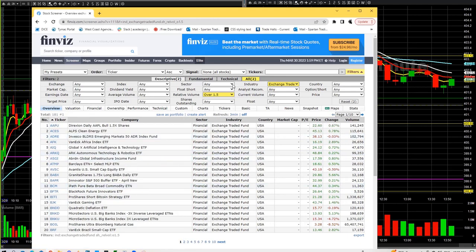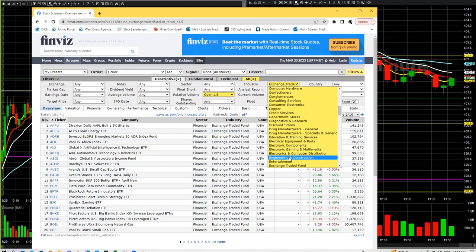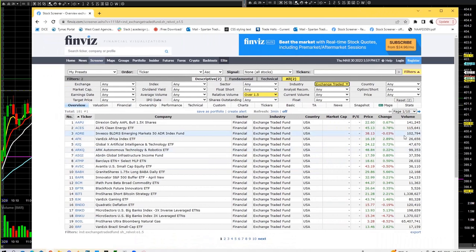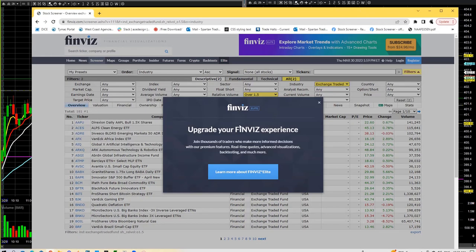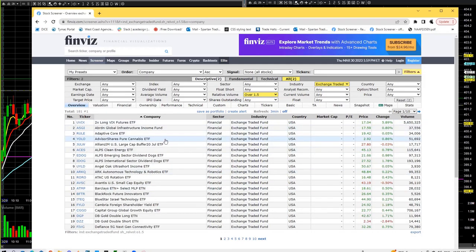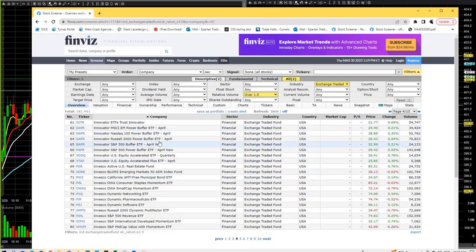For some reason, these are all financial. They're all right here actually. If you look at the company names, it tells you exactly what those ETFs are about. But anyways, get a whole bunch of these in a basket.